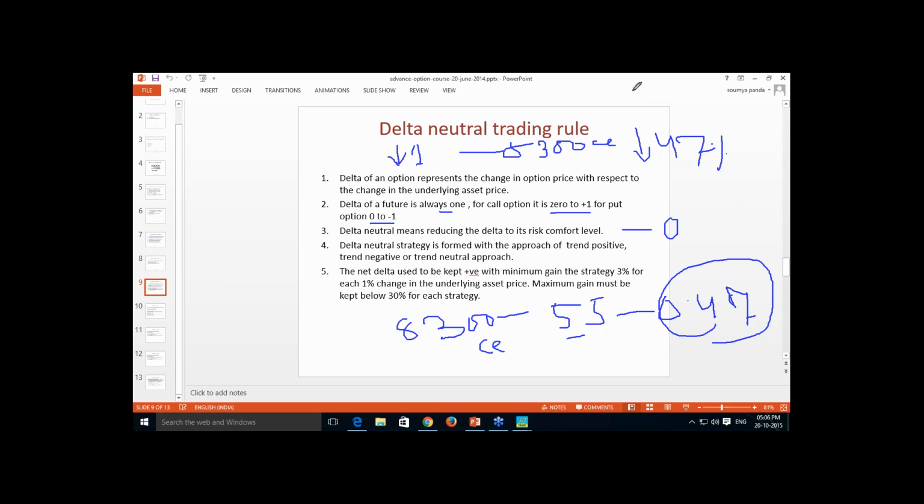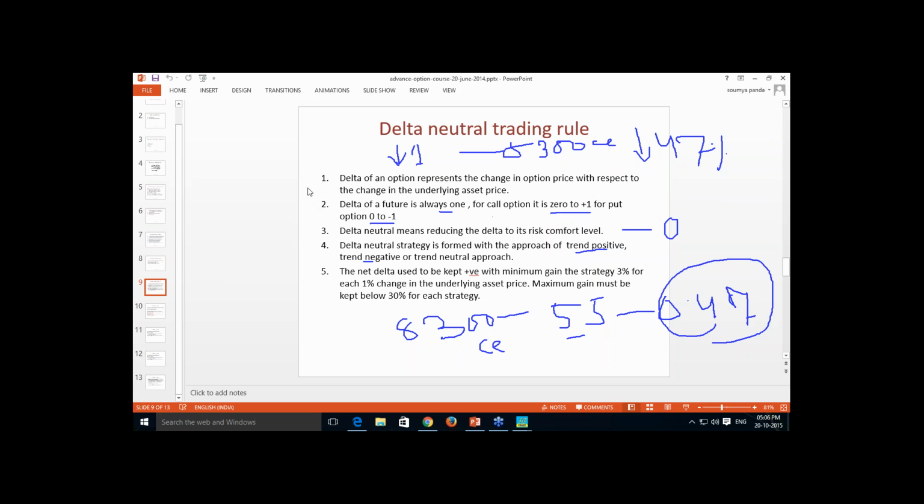For that you have to form a strategy known as delta neutral. Whenever we are forming a net delta neutral strategy, our aim is whether the strategy should give us profit in an upward trend, in a downward trend, or in a range bound trade.